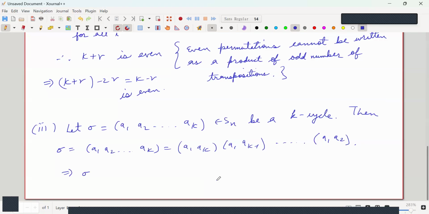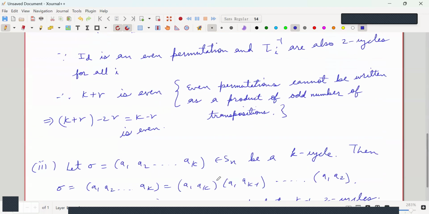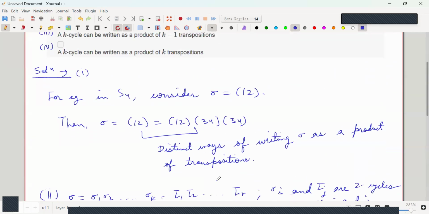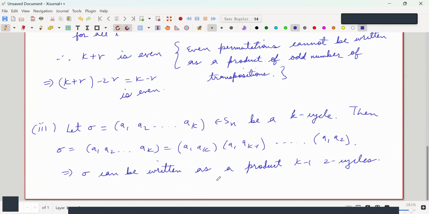This implies sigma can be written as a product of K minus 1 two cycles or transpositions.